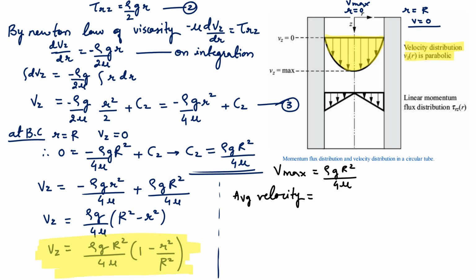Now to find the average velocity, which is equal to volumetric flow rate upon area.